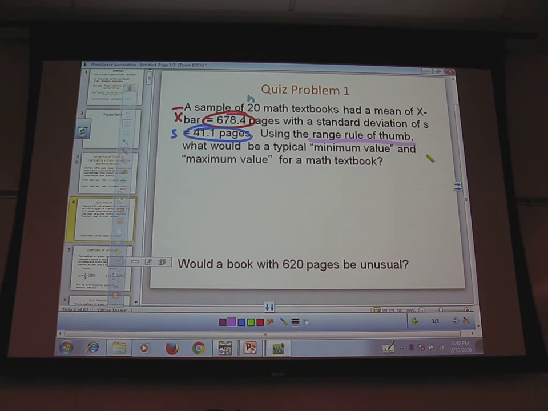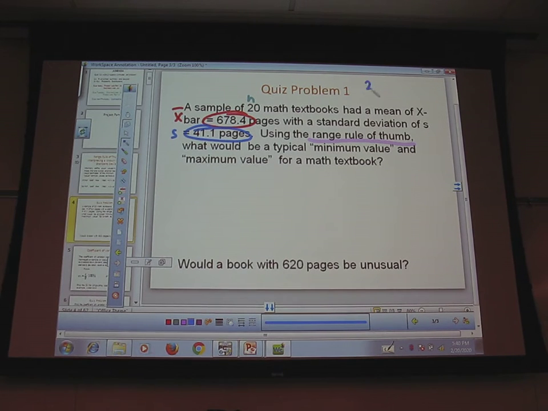You can do it either of 2 ways. The first way is to find 2 standard deviations. So 2 SDs is 2 times 41.1, which is 82.2. The min would be 678.4 minus 82.2.